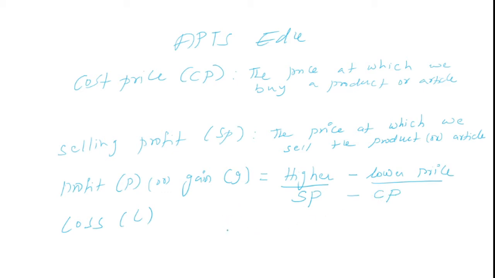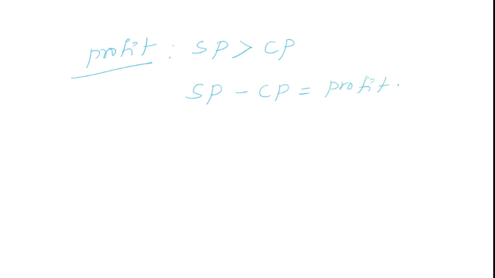Let us take one example. We are discussing profit. When we get profit, the selling price is more than the cost price. So the difference between the selling price and cost price gives us profit or gain.